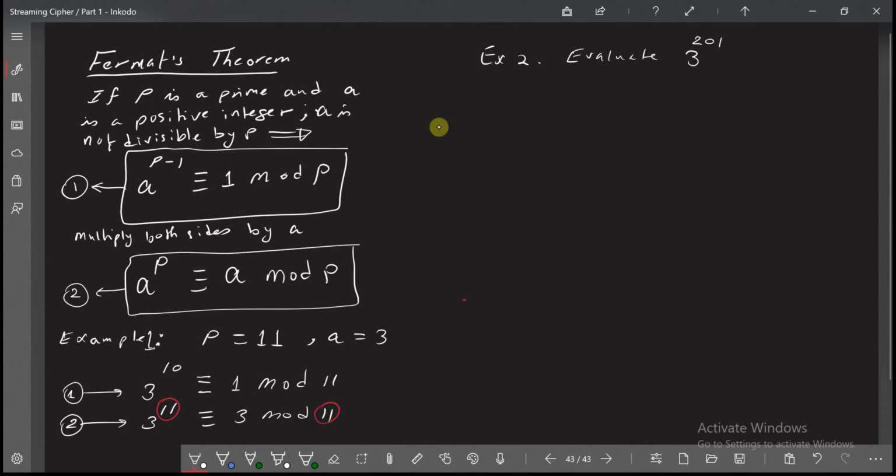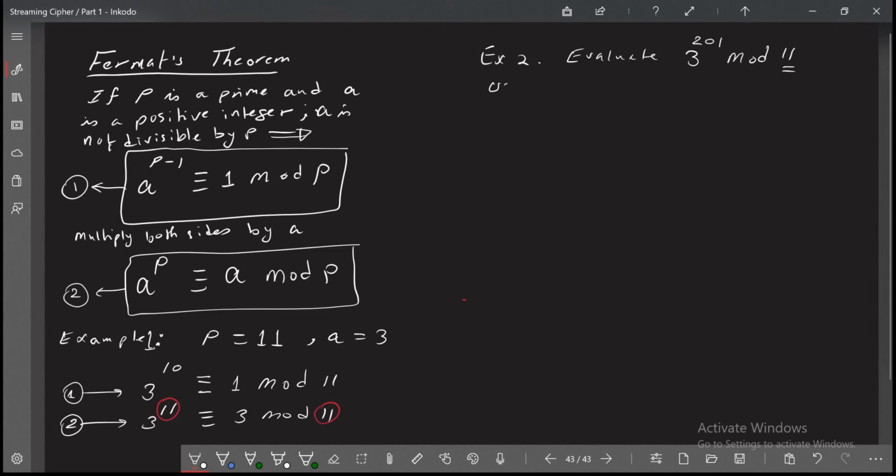We want to find out this one in mod 11. So we're using the same prime number. Okay, now notice the condition for Fermat's applies.